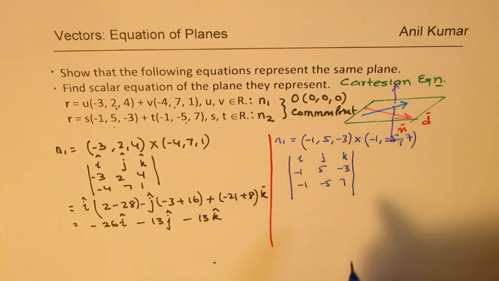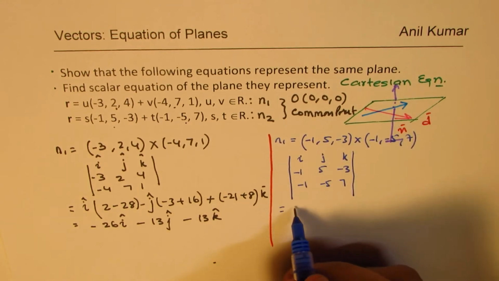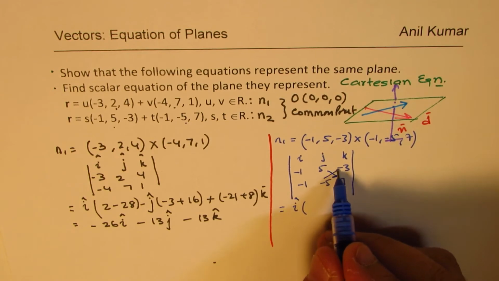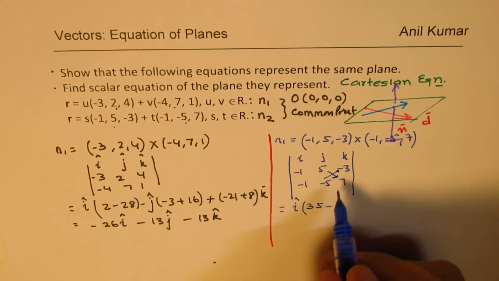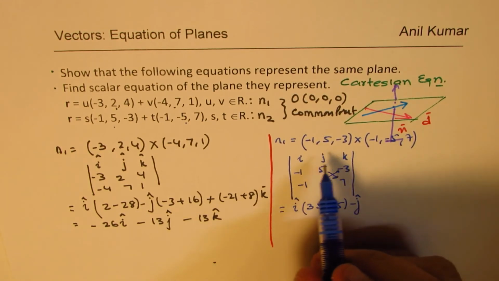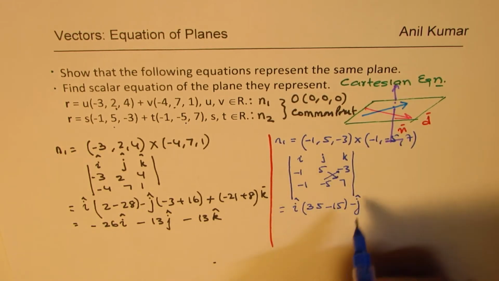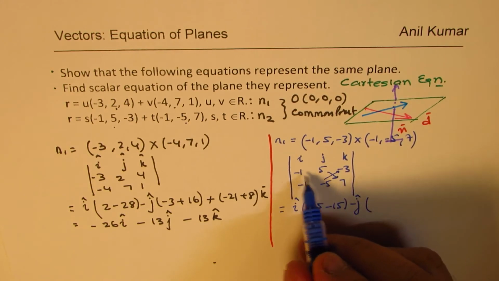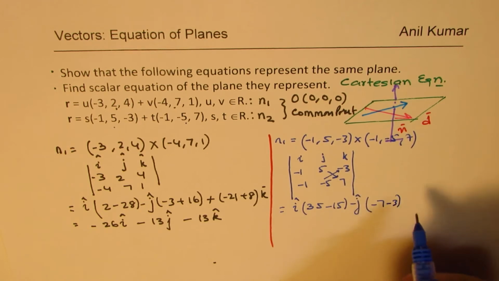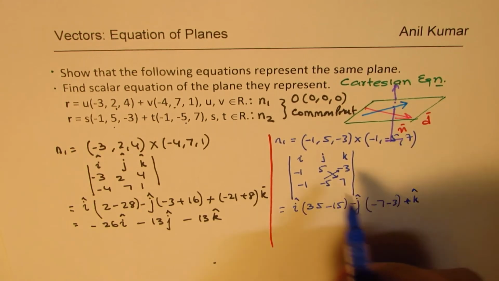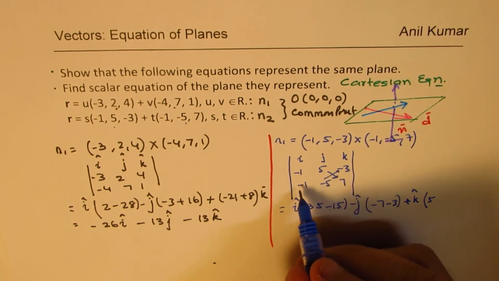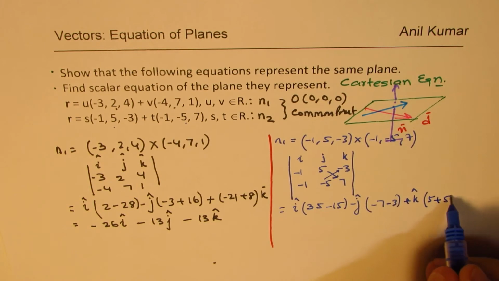So we get i times 5 times 7, 35, and we cross multiply and take away that, so 35 minus 15, minus j. That goes in alternate plus, minus, plus coefficients. And this is -1 times 7 as -7, minus of this, which is minus 3. Then we have plus k. So -1 times -5, which is 5, and this is negative, which makes it positive 5.